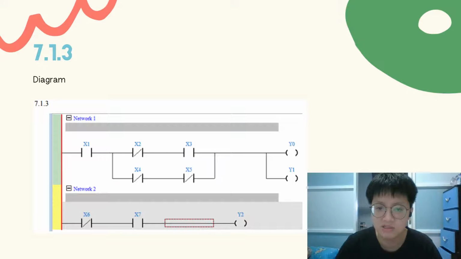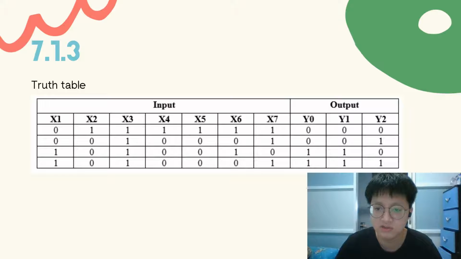Next, we can see 7.1.3. This is our figure 7.1.3. We have 7 inputs and 3 outputs. Next, we can see the truth table for 7.1.3. In conclusion, we can observe that the combination of the S3 and S5 inputs will define the output of Y0 and Y1.